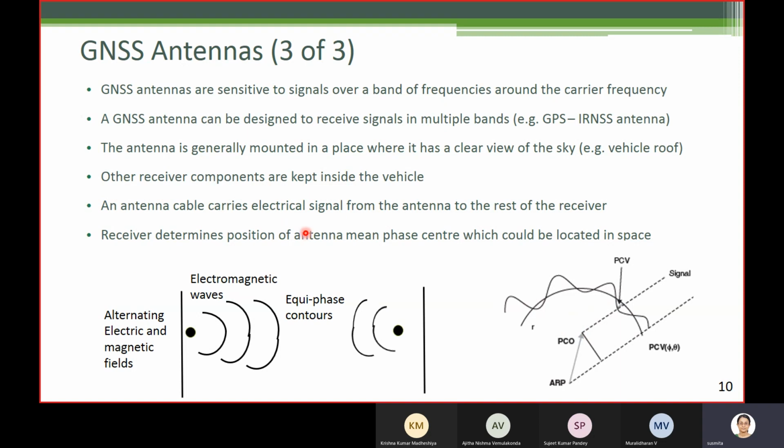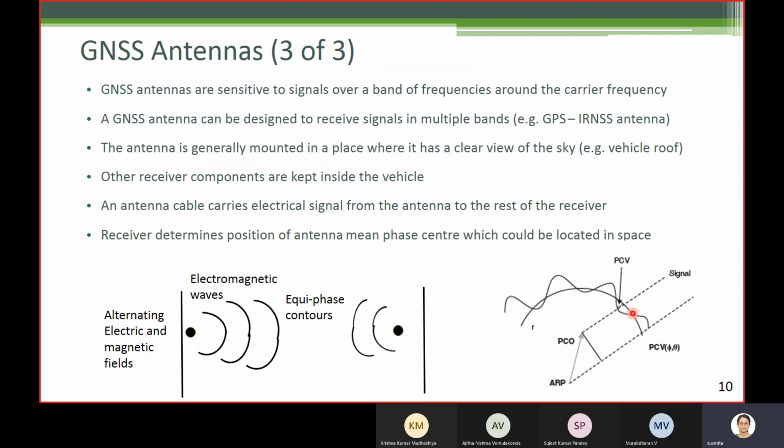The receiver determines the position of the average or mean phase center. Now don't think that it will be fixed. The receiver determines position based on signals from satellites. It's not possible to receive signals from satellites in all the directions. At some time instant, it may receive signals from satellites from these directions, and then it will give the position.